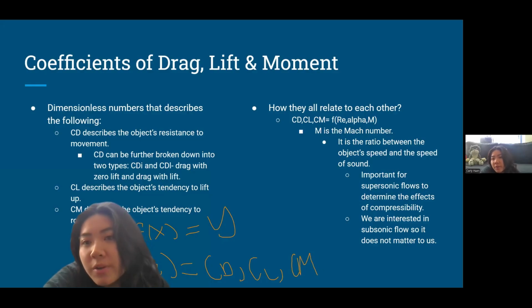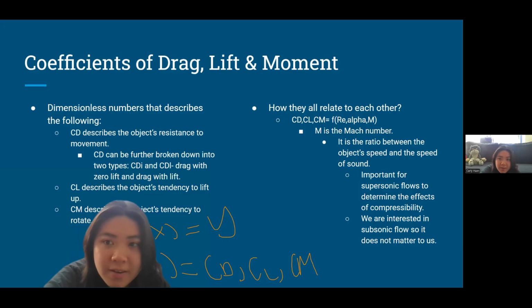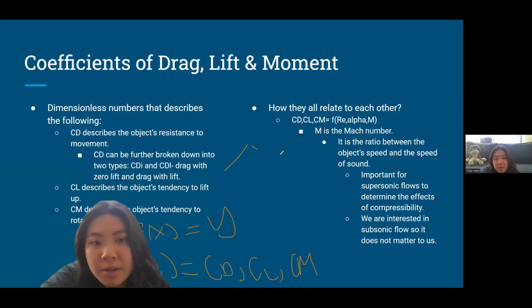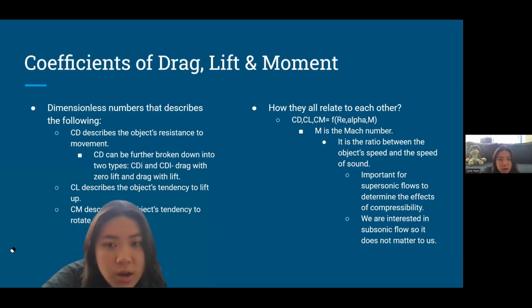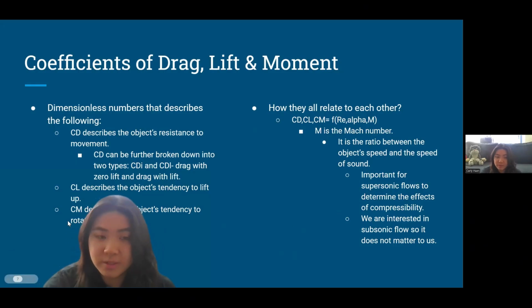So your Reynolds number and angle of attack will be your independent variables, and your coefficients of drag, lift, and moment will be your dependent variables. So what that means, to visualize it further, is that your C will be here. Done. Ta-da! I hope you have a better understanding of it.